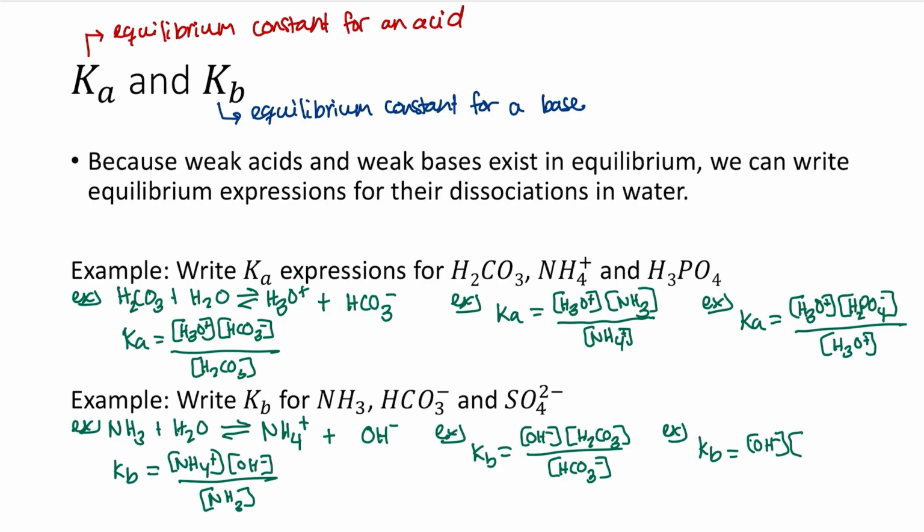When sulfate gains a proton, it becomes HSO4 minus. And then we'll divide that by our original base, which was SO4 2 minus. Notice that the charge of my products is -2. The charge of my reactants is also -2.